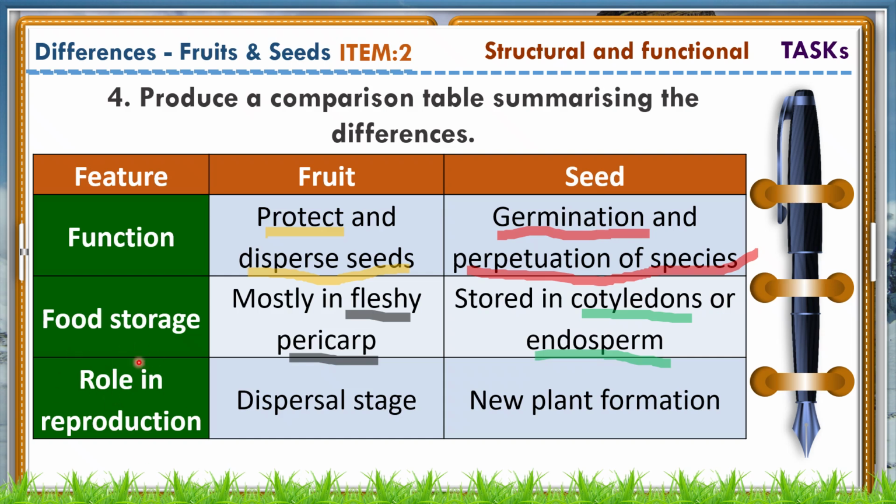When we come to the role in reproduction, the fruit is a dispersal stage, whereas the seed is the new plant formation.